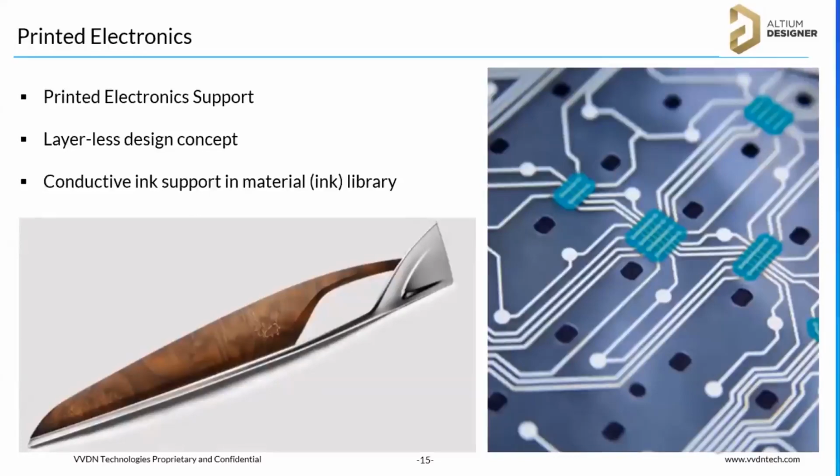So here in this image you can see they have printed these switches for this product, and it will be like this. It's a layerless design, because printed electronics is not a normal PCB with top layer, inner layer, like that. So it's a single printing.